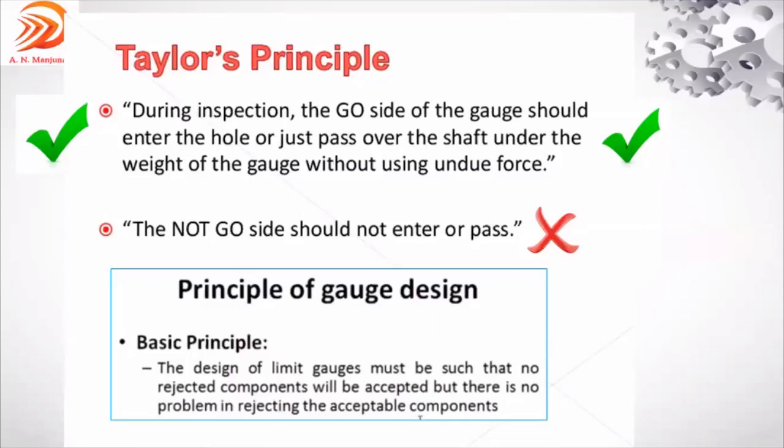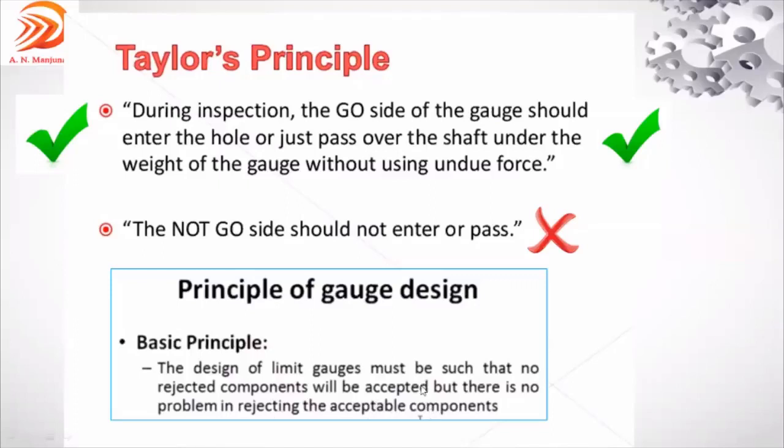The second one is you reject the component even though it is a good product. In between these two, which condition is allowed as per the principle? The design of limit gauges must be such that no rejected component will be accepted, but there is no problem in rejecting the acceptable component.